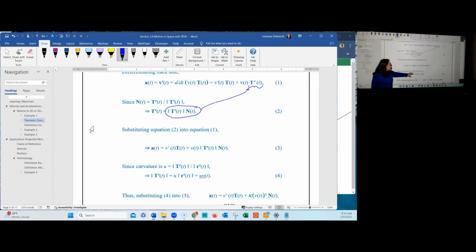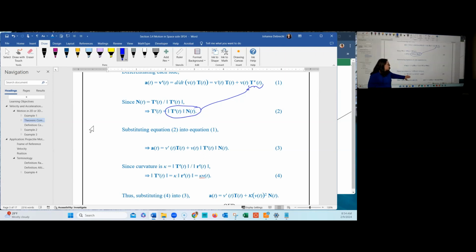Since I have kappa for this part right here, then I can solve for the magnitude of the unit tangent vector's derivative, which gives me kappa times the magnitude of the tangent vector, r prime of t. And the magnitude of r prime of t is just, well, the speed. So this gives me kappa times speed.